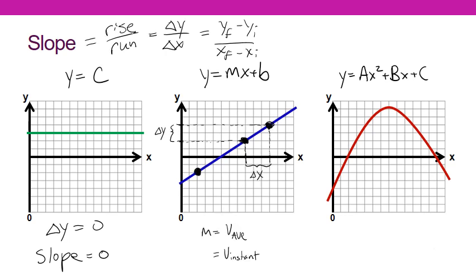The last graph is the most interesting, and that's the quadratic graph. We can look at 2 points, and we can use the slope equation to calculate something between these 2 points.